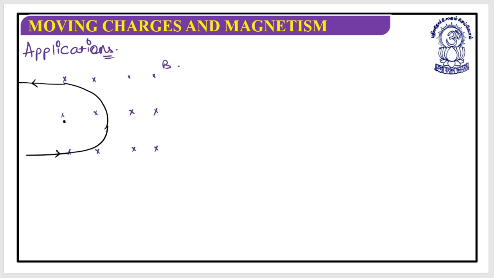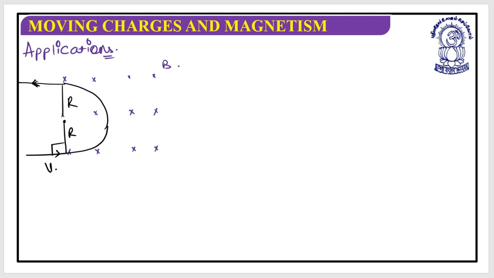So if you observe this very carefully, this is half of the circle, this is the radius, even this is the radius, and this is the velocity v, which makes an angle of 90 degrees with the magnetic field as well. The particle has entered from this and is leaving from this.